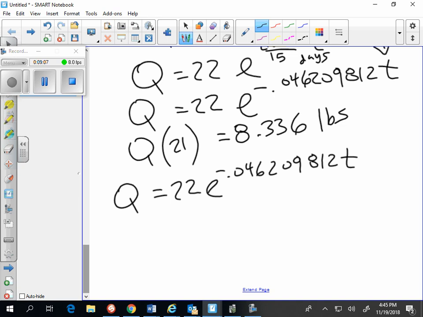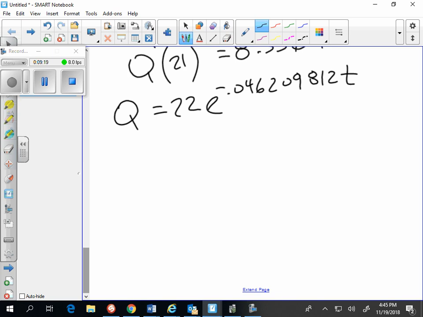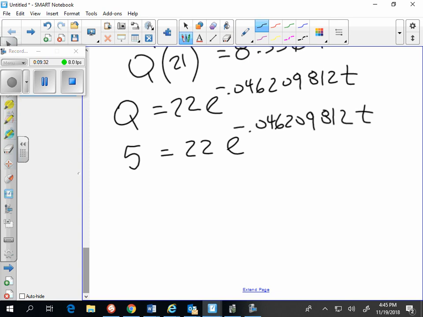And when we're asked when will there be only 5 pounds of gnome remaining, I'm wondering, does that 5 go in here for time, or does that 5 go in there for Q? Pounds, 5 pounds remaining. Pounds isn't time, so my 5 pounds goes in over here. 22 e to the negative 0.046209812t. And now I need to solve this equation for t.